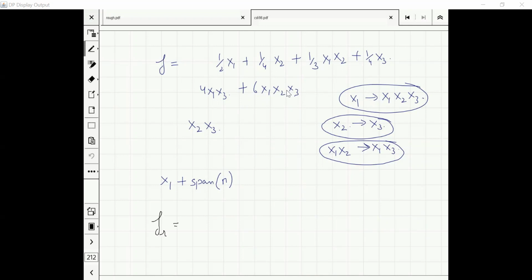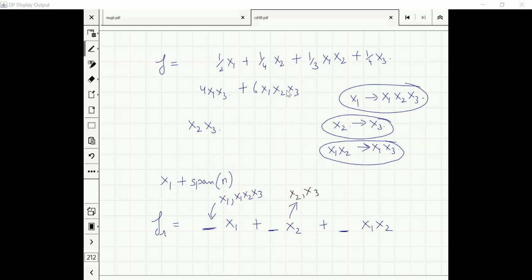So f restricted will be some coefficient multiplied by x1, some coefficient multiplied by x2, some coefficient multiplied by x1. This coefficient will come because of x1 and x1, x2. This coefficient will come because of x2 and x3.